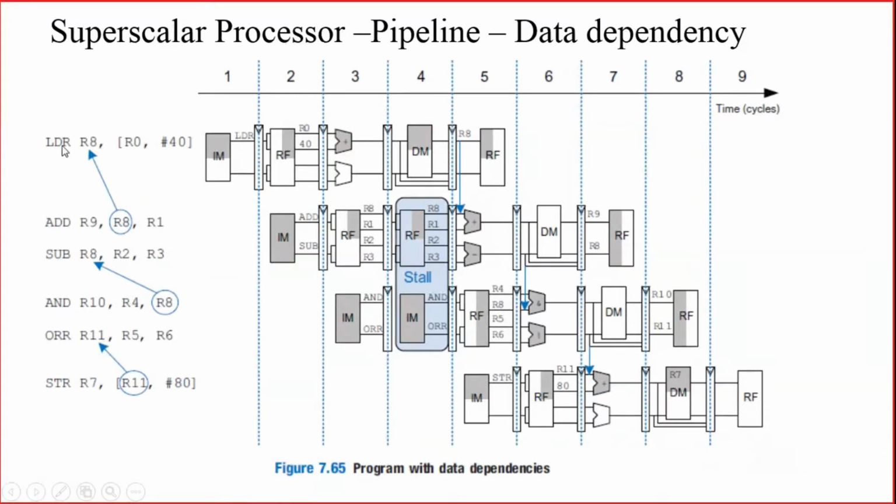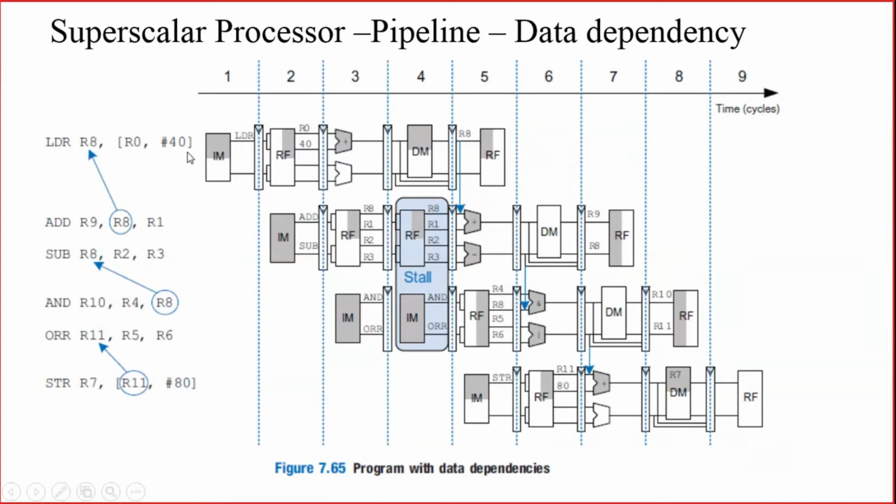What are the dependencies? Let us take the first line, LDR R8, R0, #40. Next instruction is ADD R9, R8, R1. So what does it mean? This R8 should be used only after the first instruction is over.